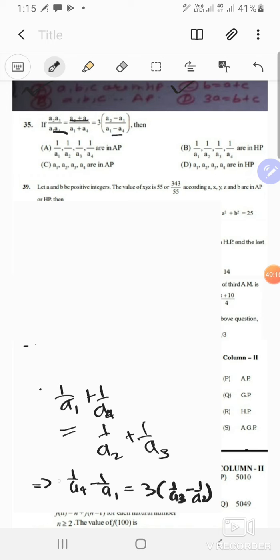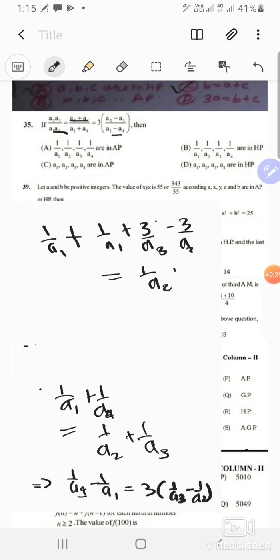Let's actually plug in the value of 1 upon a4. So you got 1 upon a1 plus 1 upon a4, that is going to be equal to 1 upon a1 plus 3 times of this stuff, that's like 3 upon a3 minus 3 upon a2. That should be equal to 1 upon a2 plus 1 upon a3.